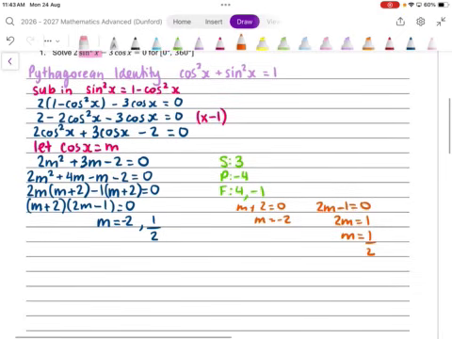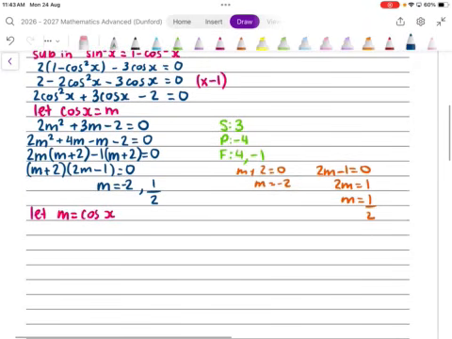It's not bad to do it. So from here, what we want to do is let our m equal cos x again. So what we will get is cos x equals minus 2, and cos x equals a half.